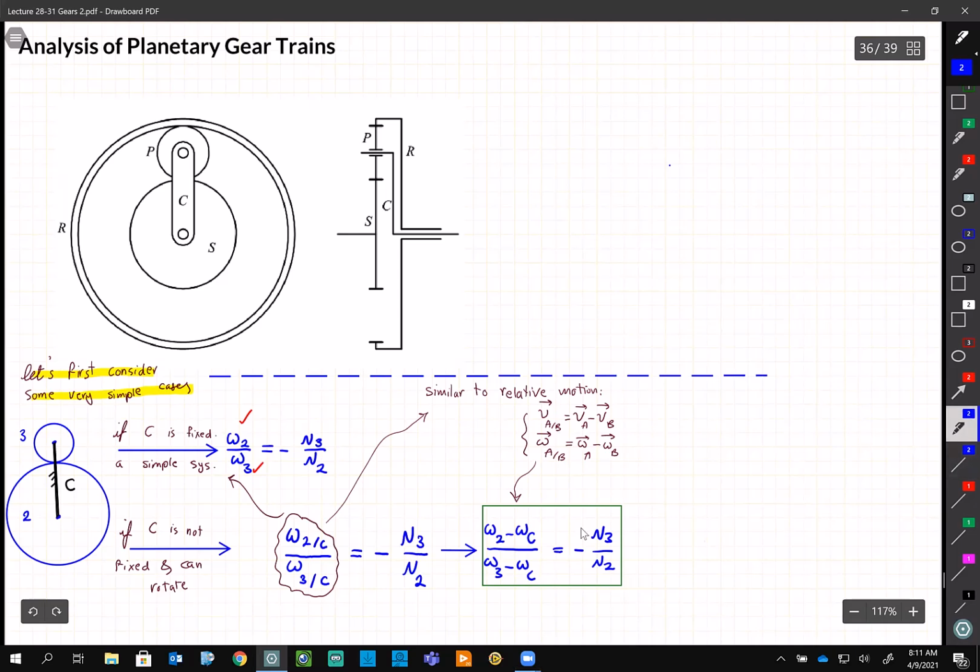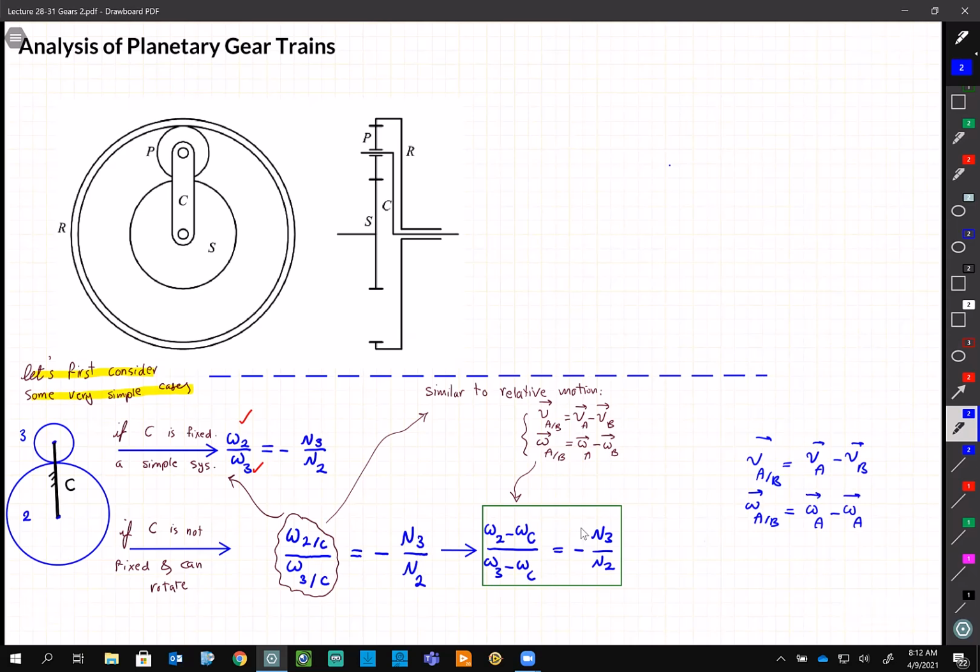And this came from the idea that we had in the past: when we say velocity of A with respect to B, it means VA minus VB. Or when we say omega A with respect to B, when two parts are rotating with respect to each other, it means omega A minus omega B. And still they are vectors, right? The vector that comes out of the screen.